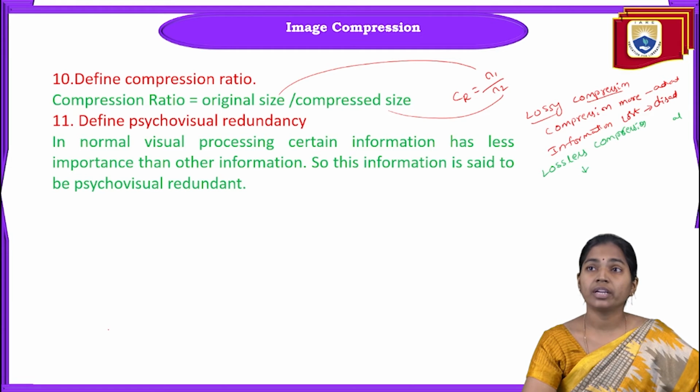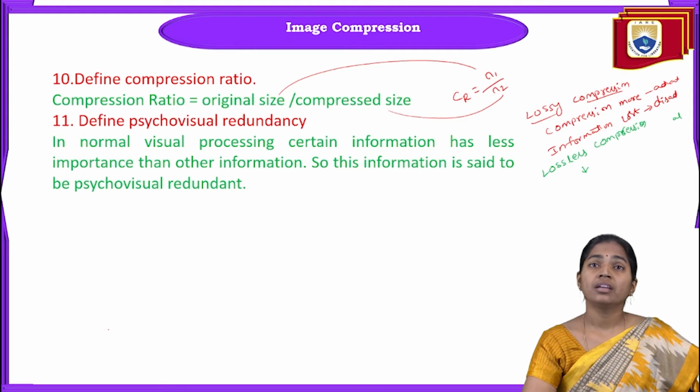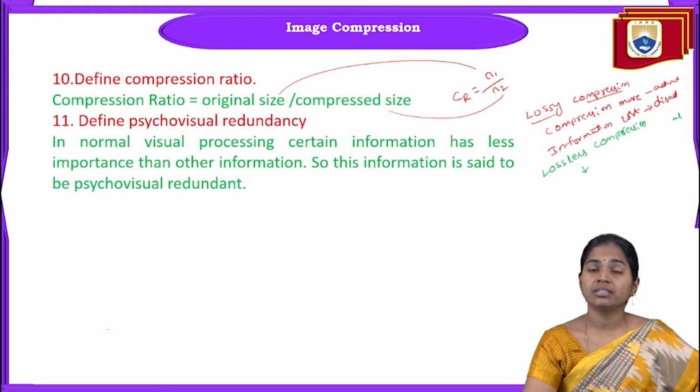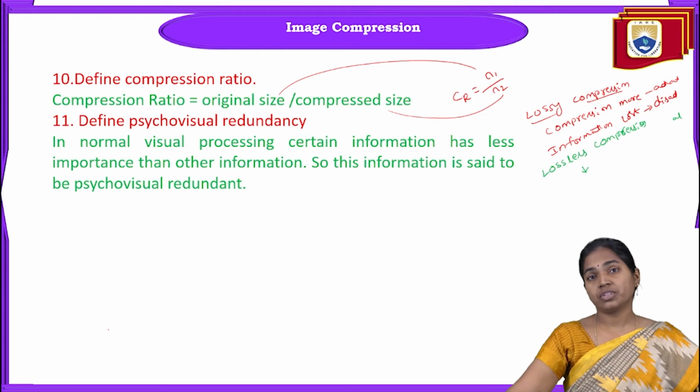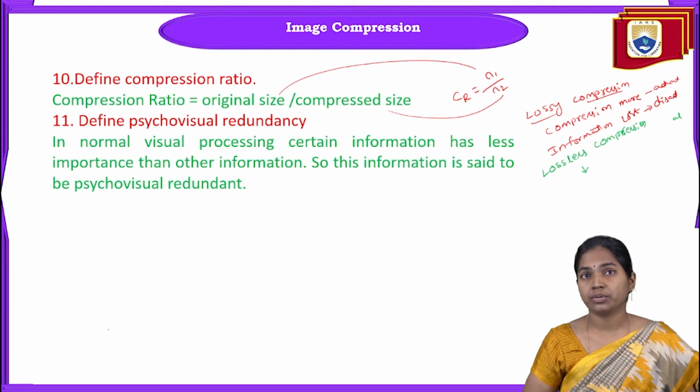But in the decoder, we do not use psychovisual redundancy, because this is a lossy compression technique. If we used psychovisual redundancy on the decoder side, we would lose some information. So we use psychovisual redundancy across the source encoder only, not in the decoder.